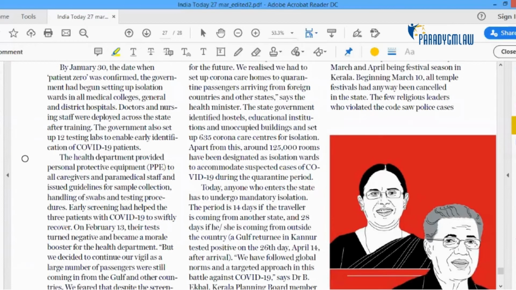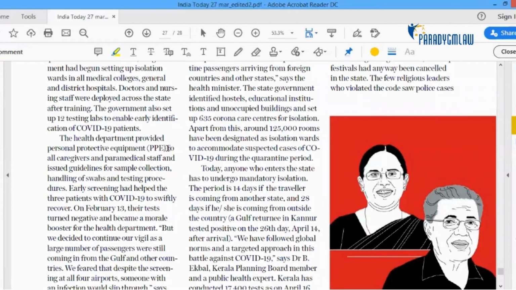At this point, we are halfway through the article. By now, we should know that the author is talking about the success of the Kerala model mainly because of the state machinery as well as the healthcare systems in place. Again, we're talking about the PPE, the personal protective equipment.